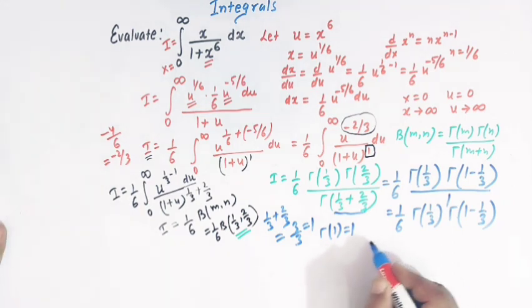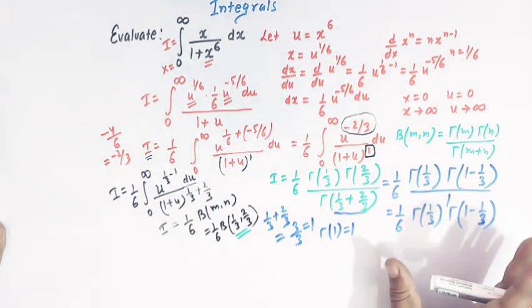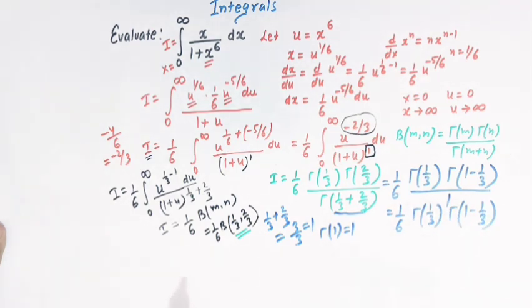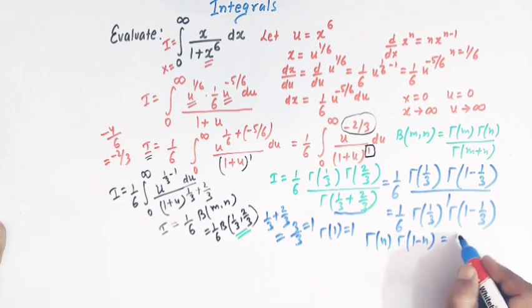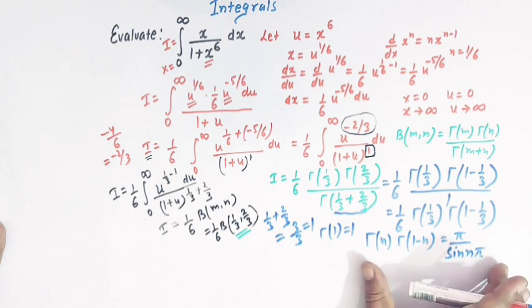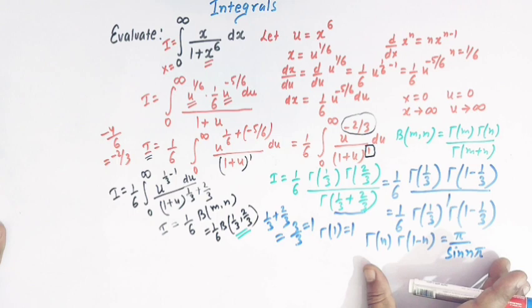So viewers, now see, we have a very important relation in beta and gamma functions, which is known as Euler's reflection formula, right? See, gamma of n times gamma of 1 minus n is given by pi divided by sine of n pi, right? So this relation is also known as Euler's relation.